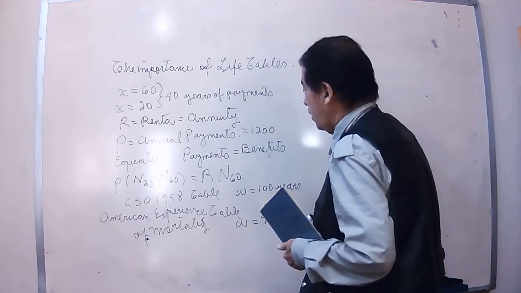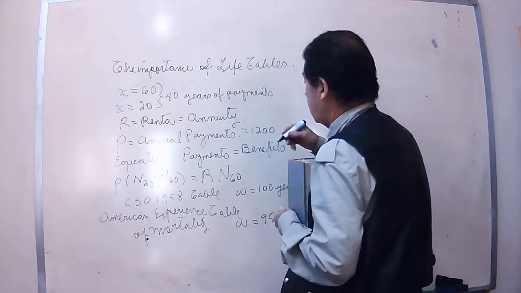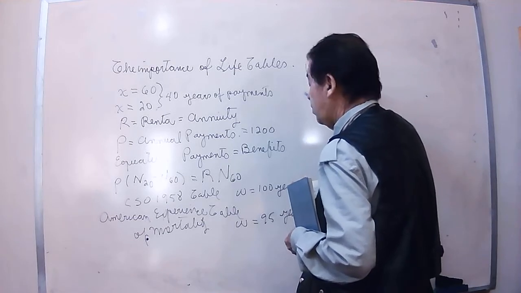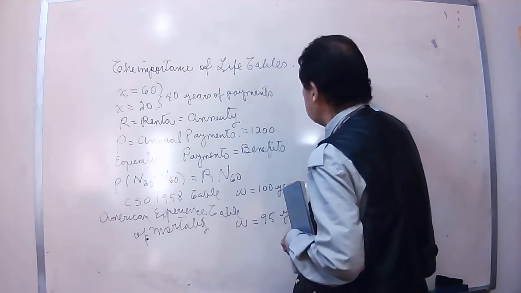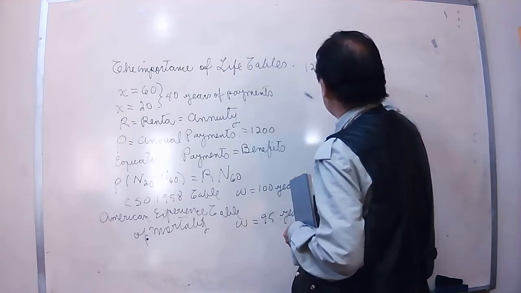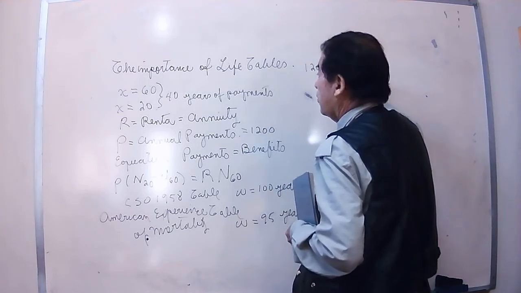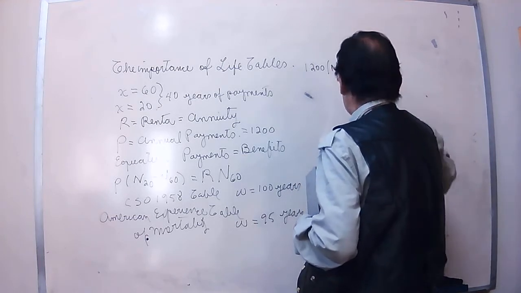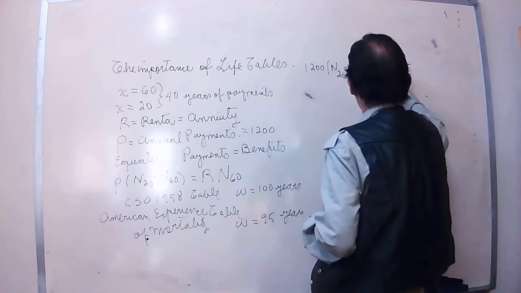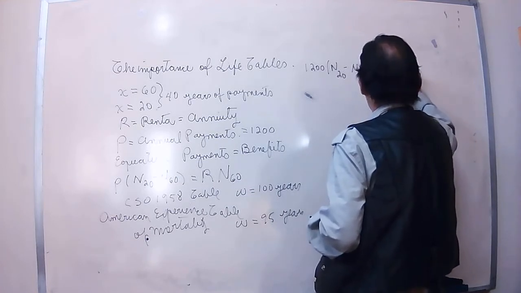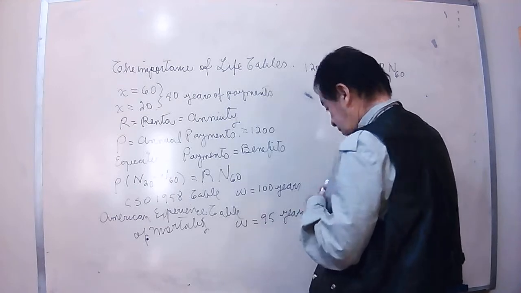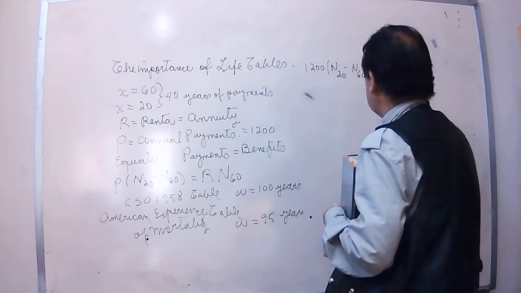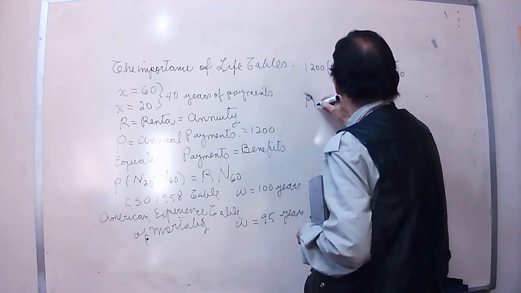If this guy is going to pay 1,200 pesos annually, he's going to pay this amount from age 20 to age 60, and his benefit will be R, payable starting age 60.